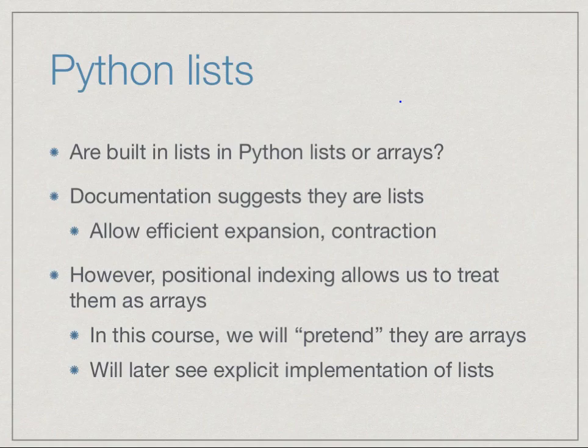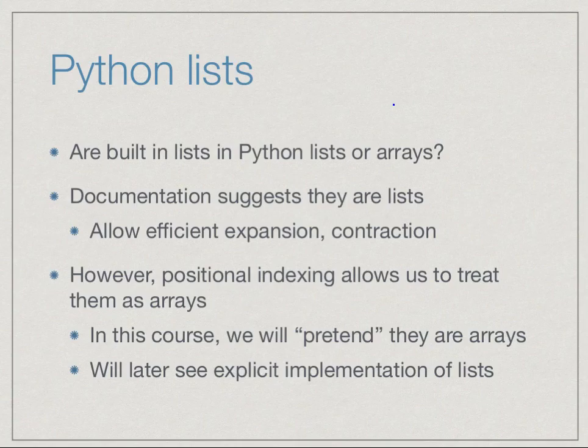However, Python supports this indexed position, right? So it allows us to look for a[i], and if you try it out on a large list, say you construct a list of 100,000 elements, you will find it takes no more time to go to the last position than to the first position. As you would normally expect in a list, we said that it should take longer to go to the last position. So although they are lists, as far as we are concerned, we will treat them as arrays when we want to.